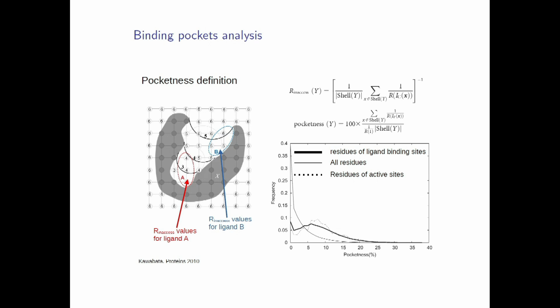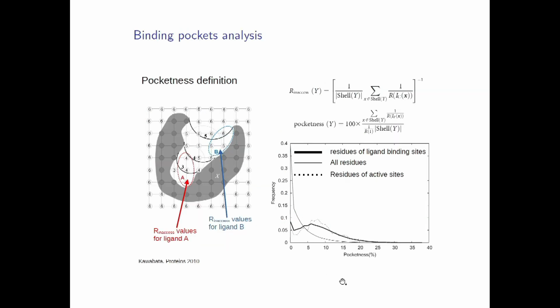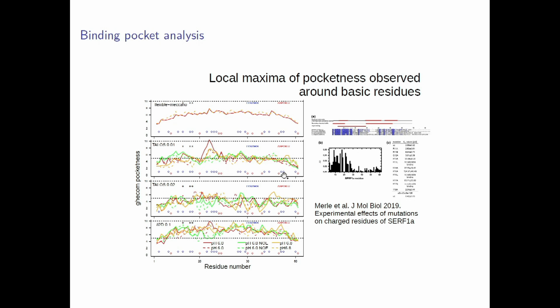And then I just want to very quickly show you what we did also to search for binding pockets, because we were interested in that. I have a parameter which is defining the pocketedness of a residue, whether a residue is at a good position for pocketedness. If we are looking at the flexible mechano conformations, we have a relatively flat pocketedness profile.